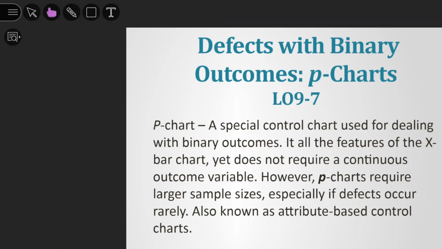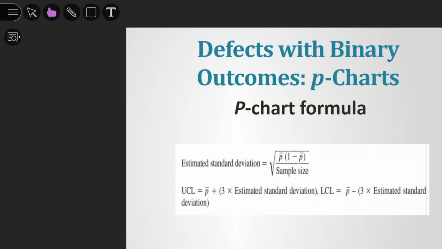And then there is the same way to build the P chart, which formula is much simpler in this case, and it is the estimated standard deviation calculated, where P bar is the sample average of defect probabilities, and 1 minus P is non-defects, divided by sample size again.